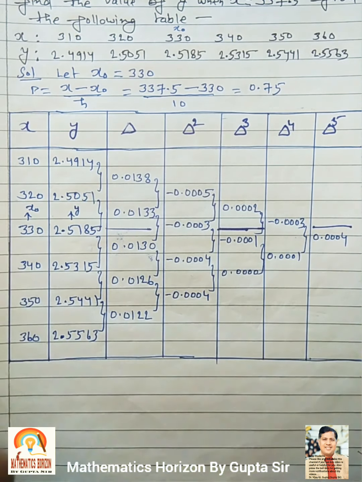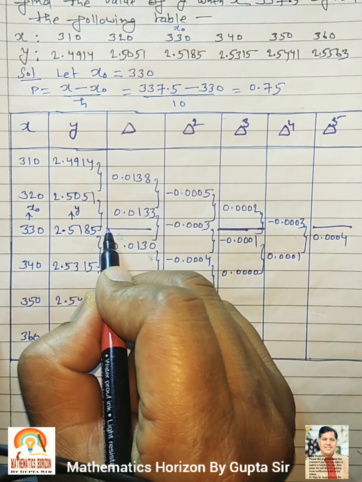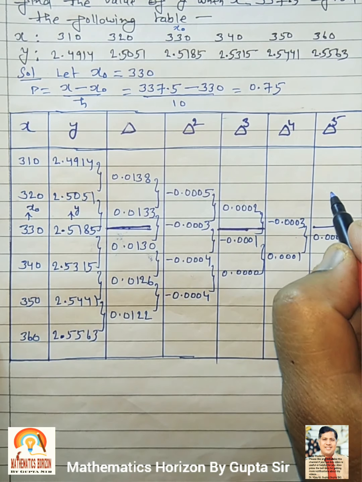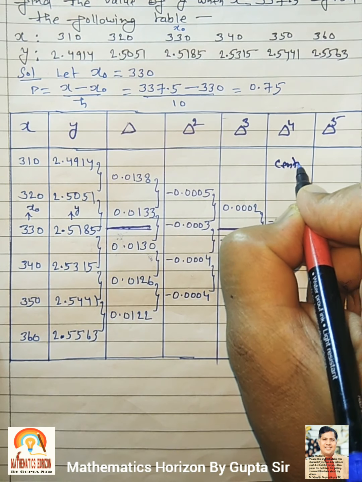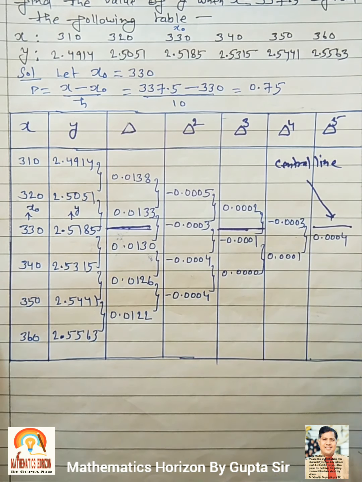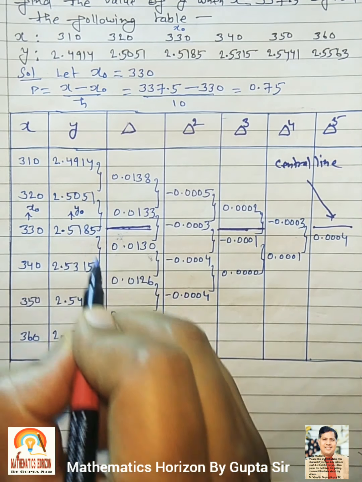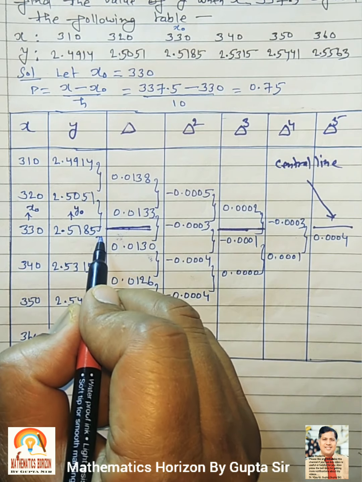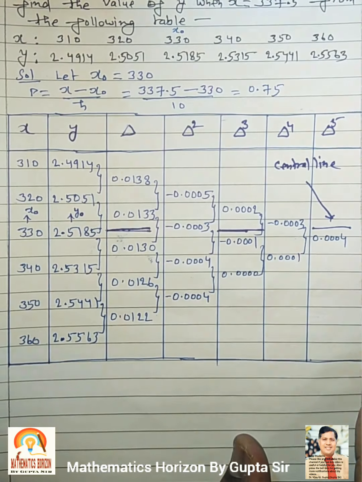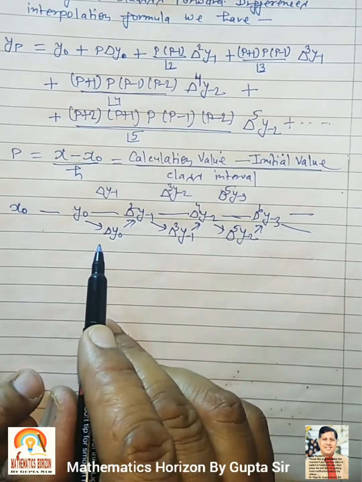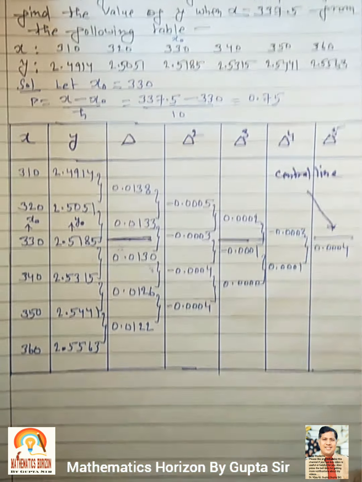This is the central line, and this is called y0, this is x0, and this is the corresponding value of y, called y0, and this value will be called del y0. See these differences here. This will be del y0, del square y minus 1, del cube y minus 1, del 4 y minus 2, and so on.